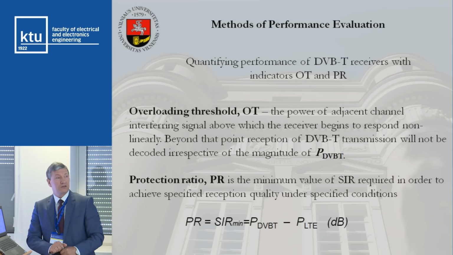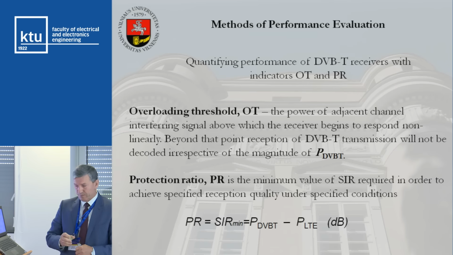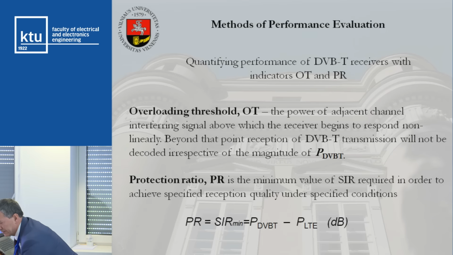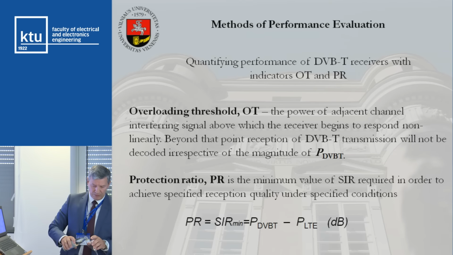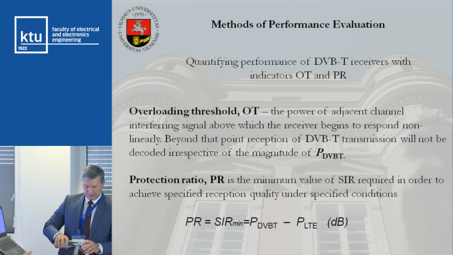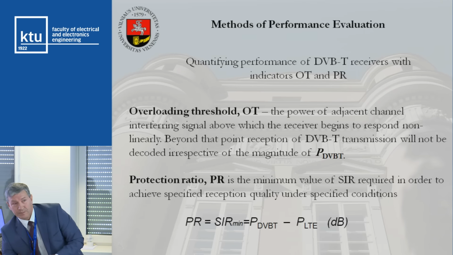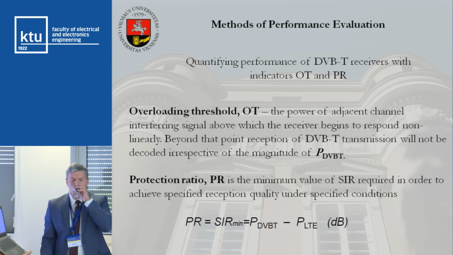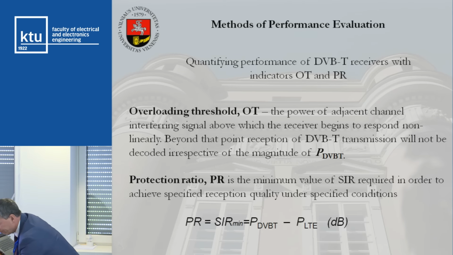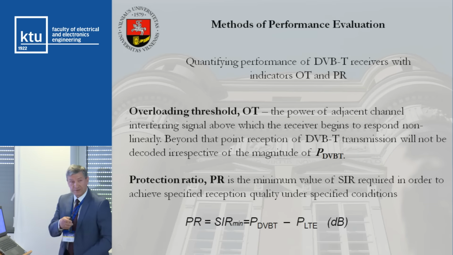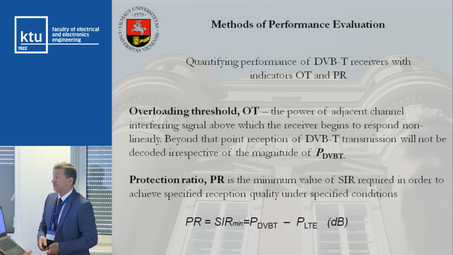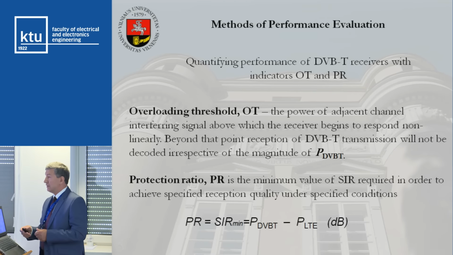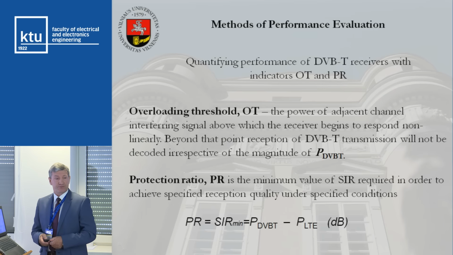And protection ratio is the minimum signal to interference ratio required to achieve specified reception quality under specified conditions.